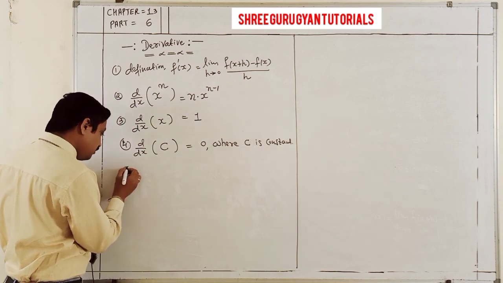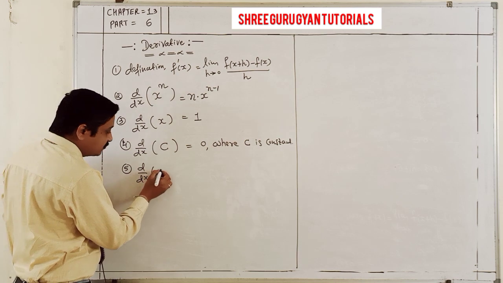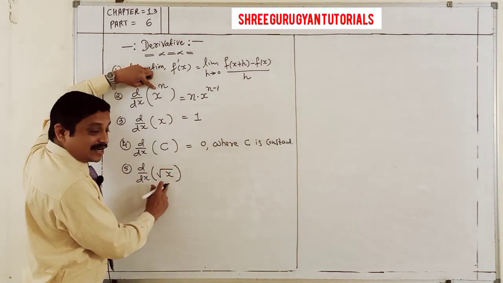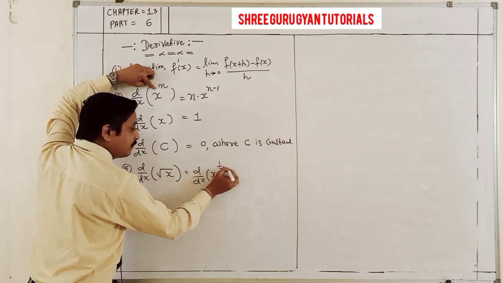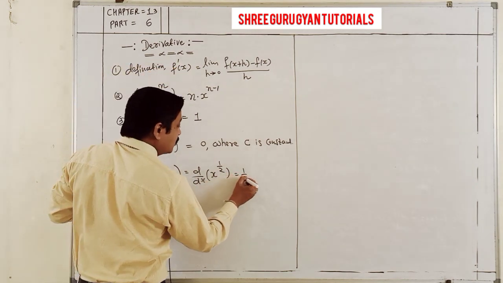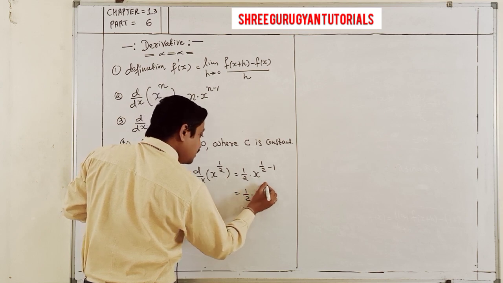Now continue, question number 5. Derivative of d/dx of the root x function. Root x derivative is nothing but x raised to n related. Just see this formula: x raised to half, here n is half, so half x raised to half minus 1, which is minus half.